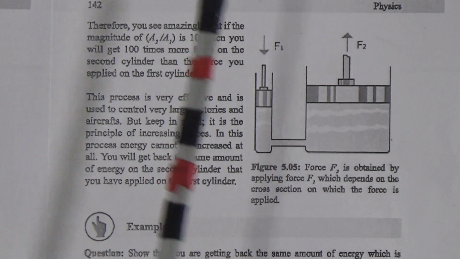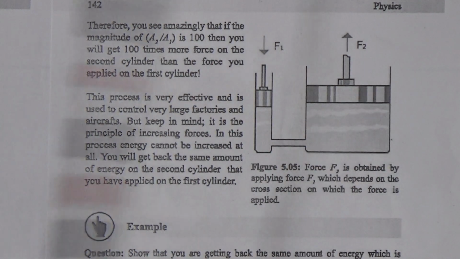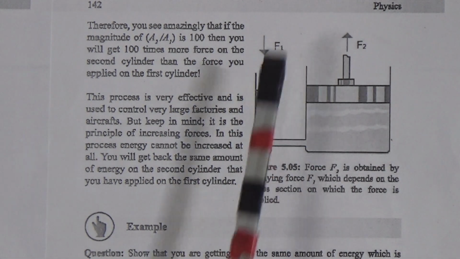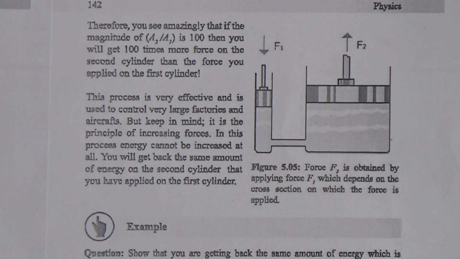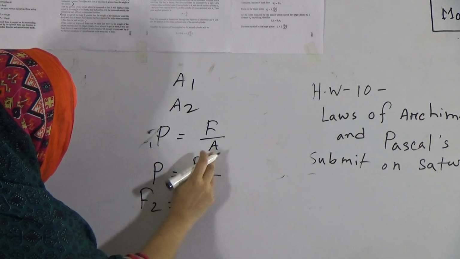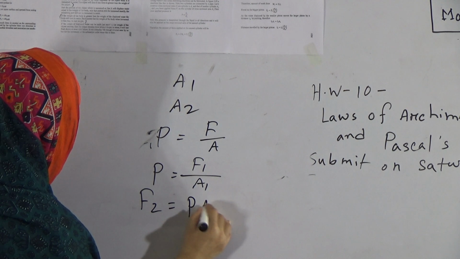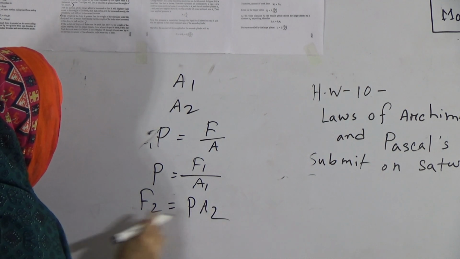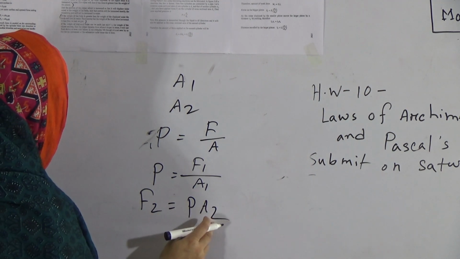And therefore the amount of force applied on the second cylinder will be F2 equals P A2. Okay, for the second cylinder, F2 equals P A2.